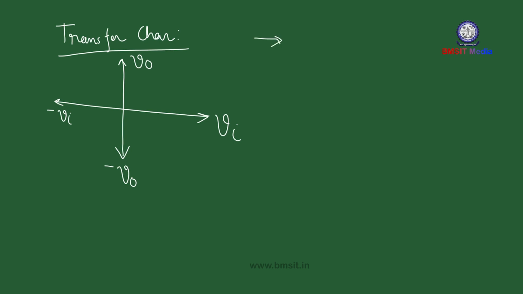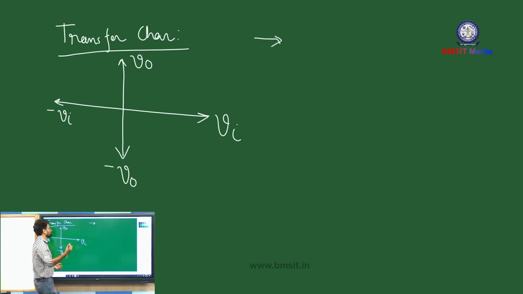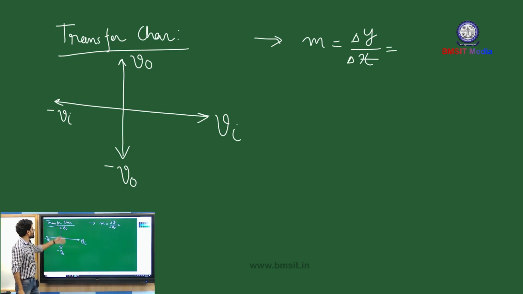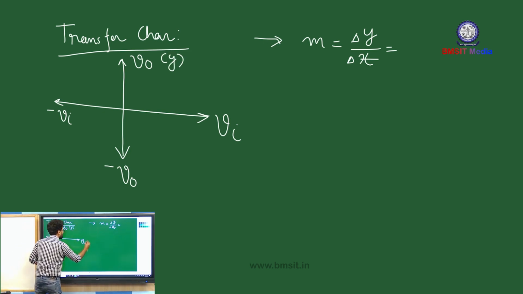So to sketch the transfer characteristics, we have to find the slope m. Slope is calculated as m is equal to y by x, right? So mathematically it is delta y by delta x. Okay, so this is your y-axis. Output is projected along the y-axis and input is projected along the x-axis.